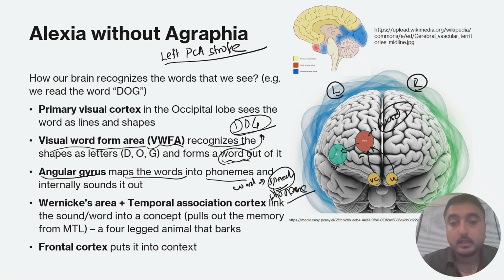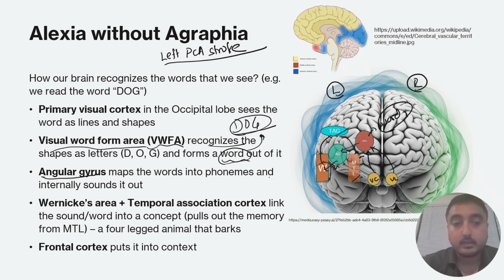All right. Now that we have a phoneme, this phoneme communicates with the Wernicke's area, then to the temporal association cortex, then to the medial temporal lobe. The signal would travel in this manner, and then it would recognize that this word or this sound means a four-legged animal that can bark.